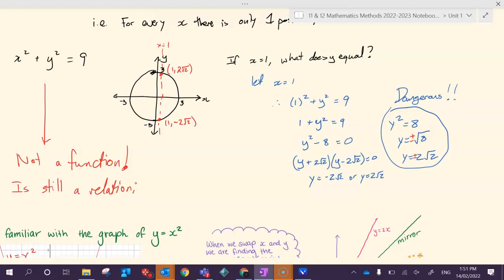The last thing I will say is this little test here. See how a vertical line cut the graph of my relation twice? That's one way to check for a function very quickly. It's called the vertical line test.